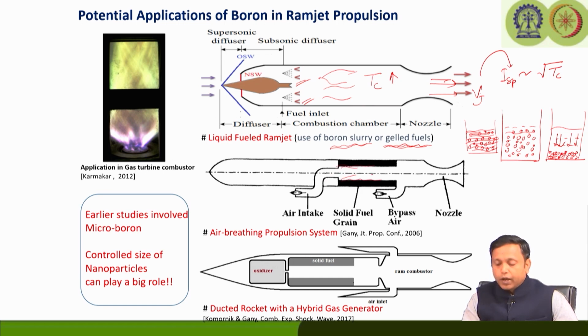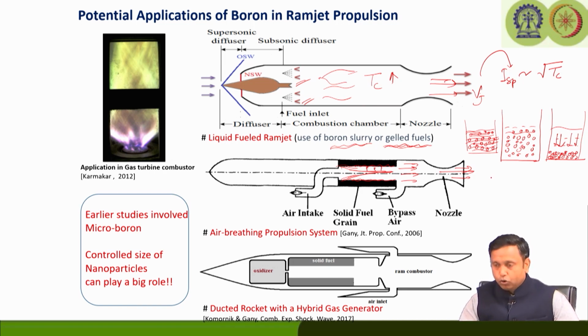Fuel regression will happen and the flame is going to form, and that flame is going to supply energy for the further regression of the solid fuel, and the combustion gas will come here and expand in the nozzle. This is another way of applying energetic particles directly into solid fuel.